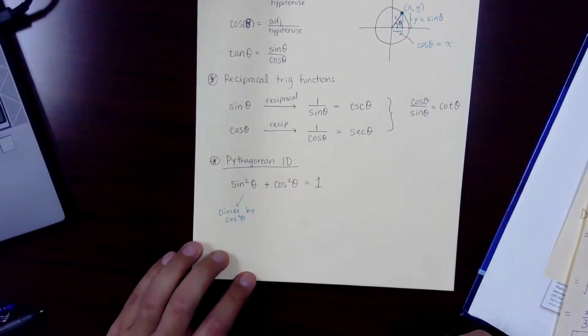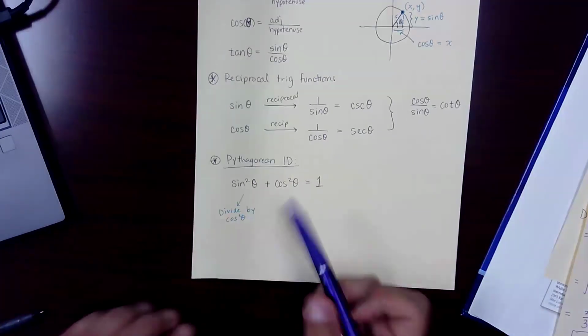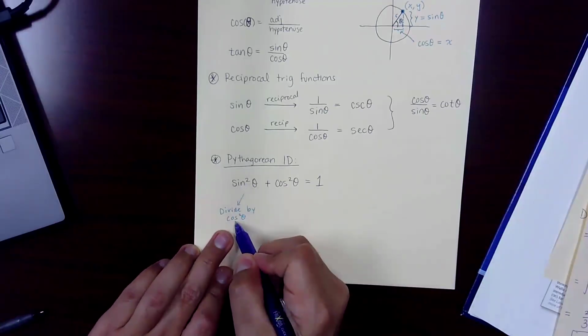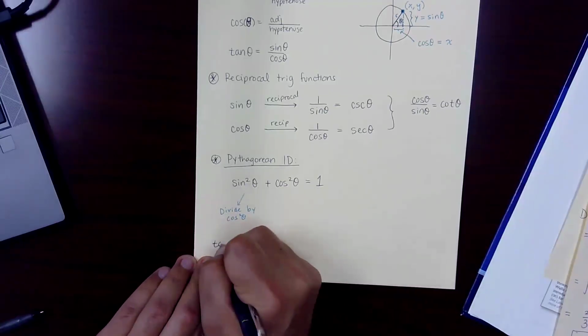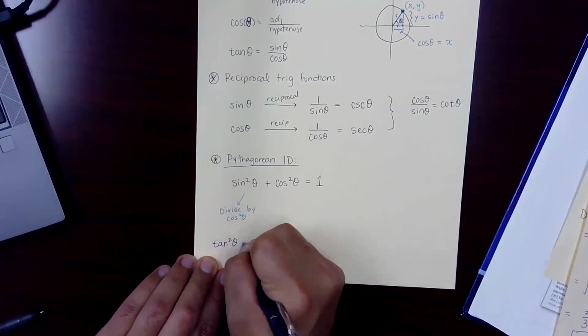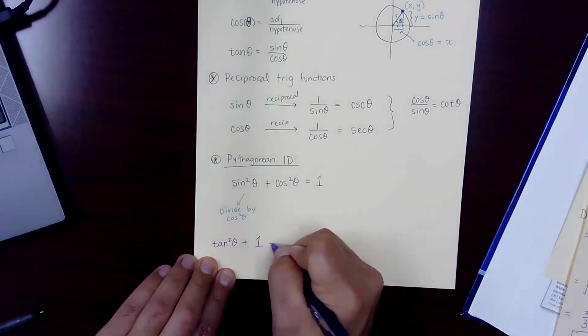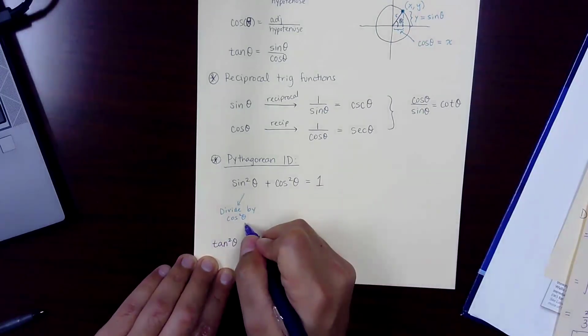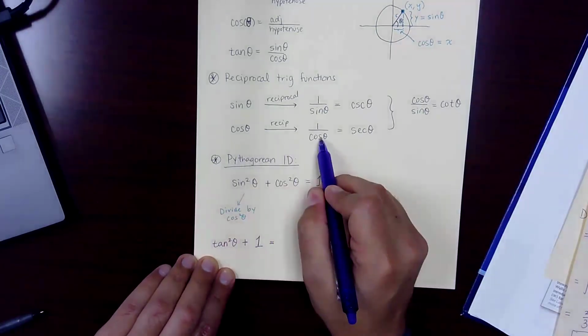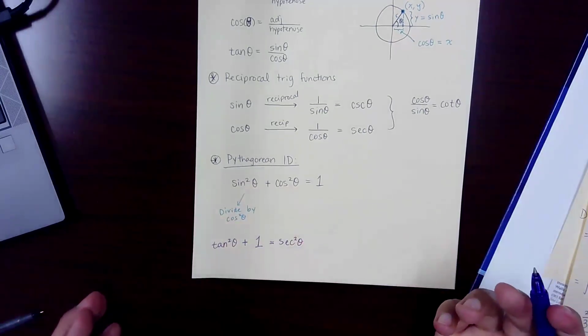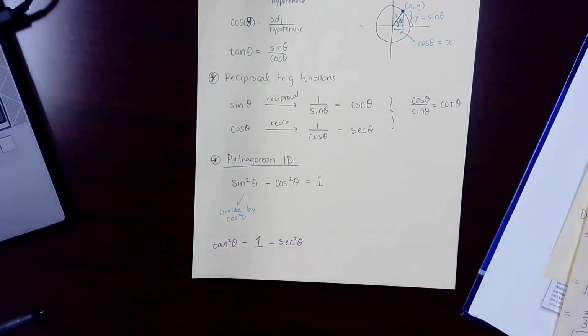We saw this already. Sine divided by cosine would be tangent squared theta, plus cosine divided by itself would be a 1. And 1 over cosine squared, if we look at our reciprocal identity, would be secant squared theta. So that's how I was able to whip that one out, right?